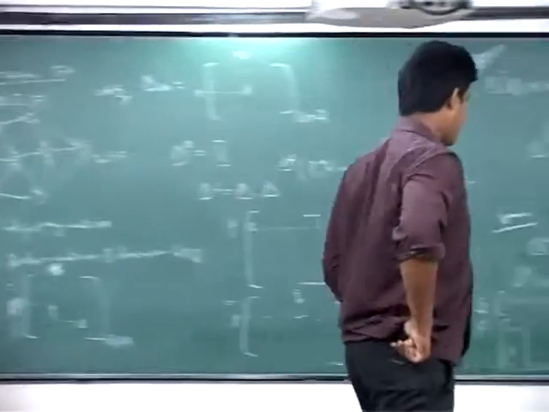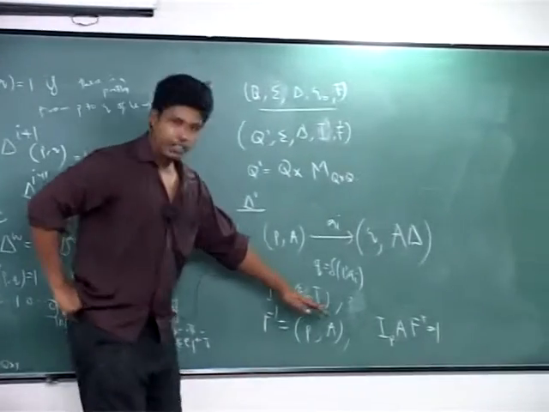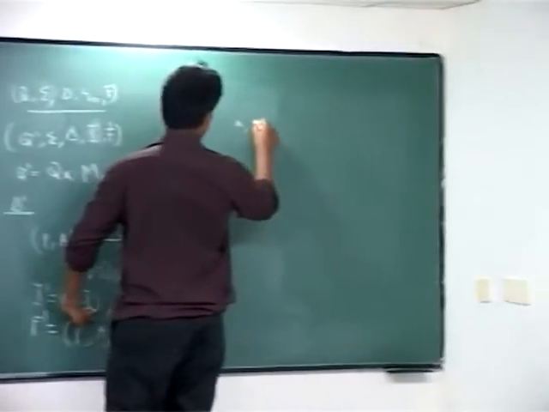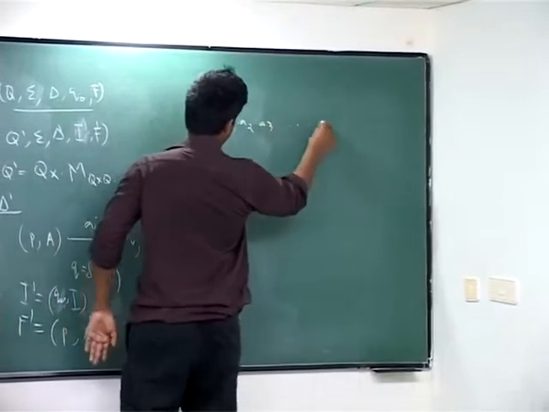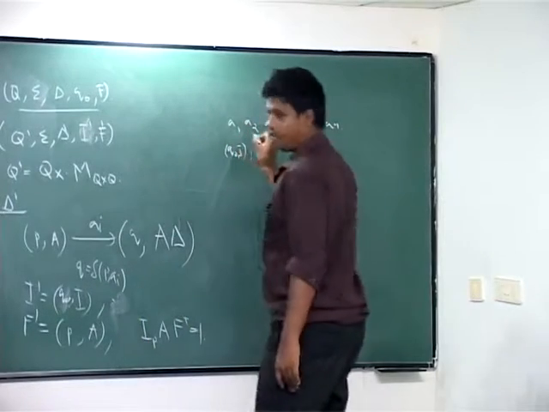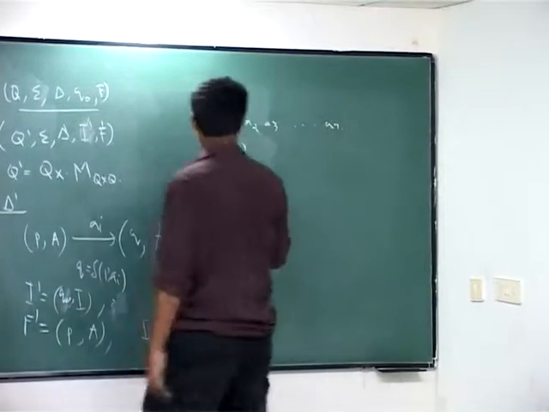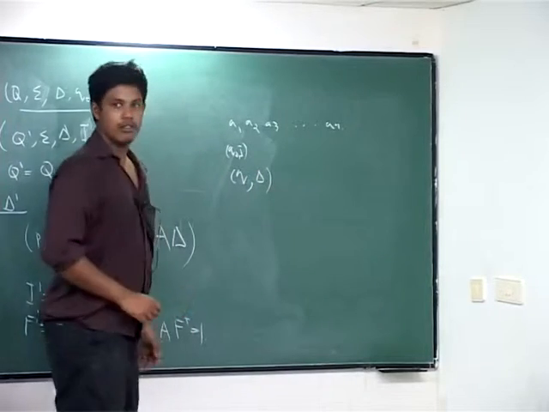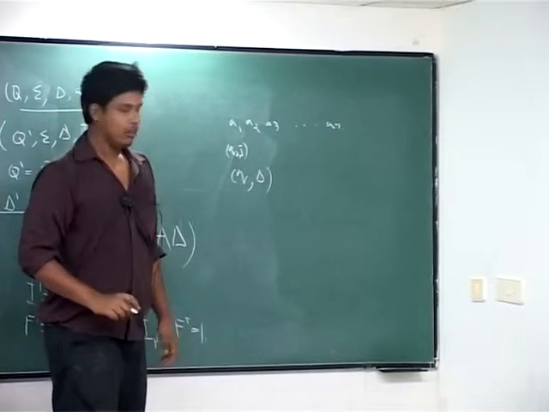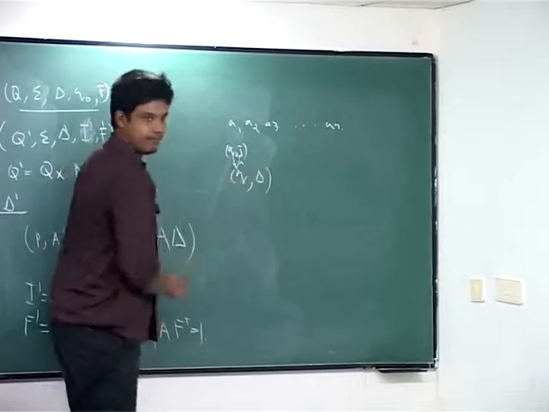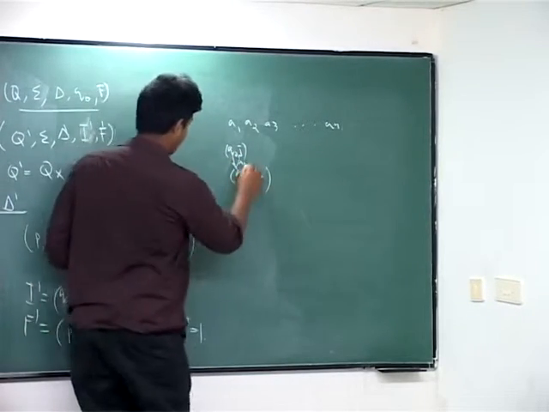So let's see what happens here. Initially you have (q0, I). After you read a1, it's going to be (q, delta), such that on q0 on a1 there is a run.